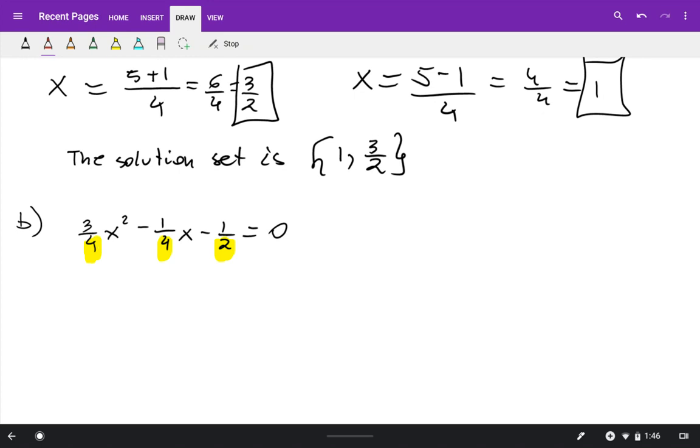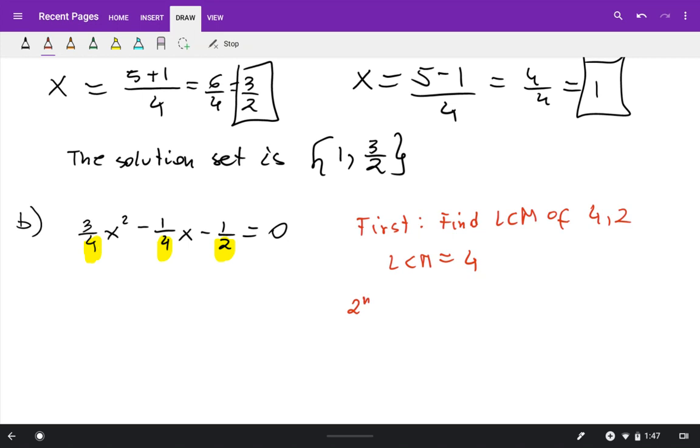So what you can do, first, find the LCM. Lowest common multiple of the numbers which you see on the bottom of the fractions, which is 4 and 2. So lowest common multiple of 4 and 2, the number which 4 and 2 can divide, it's 4. So LCM is equal to 4.